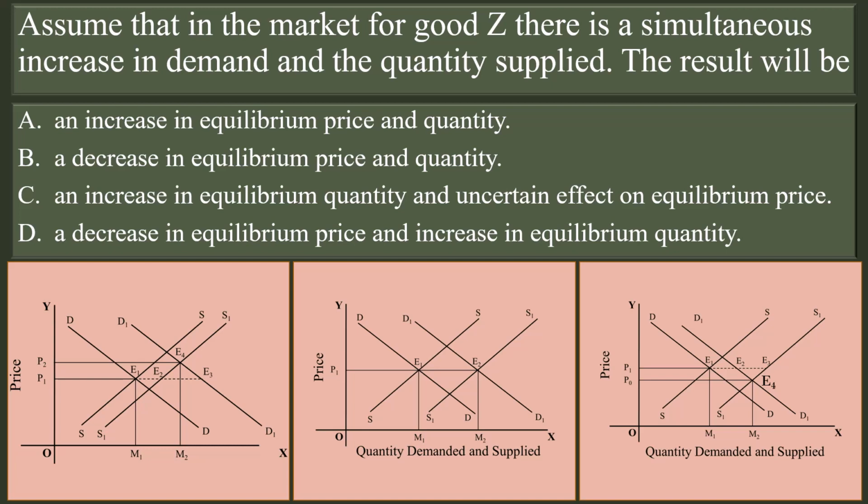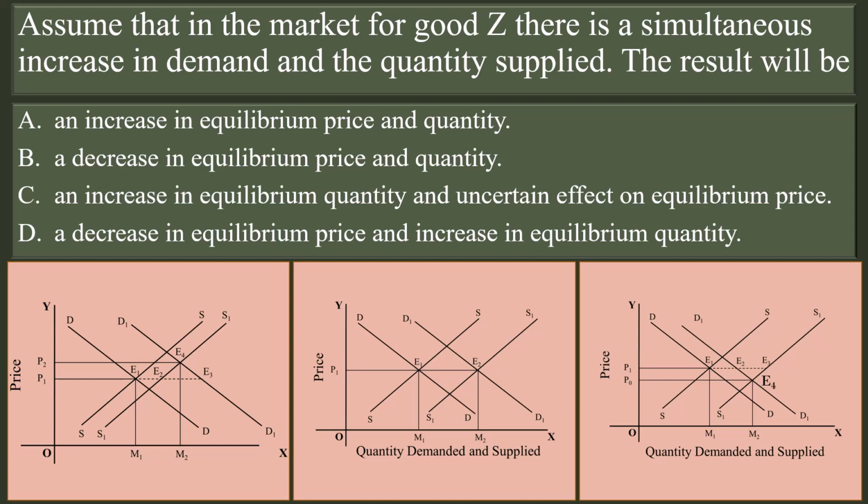The initial equilibrium E1, equilibrium price P1, quantity M1. After an increase in demand and supply, the equilibrium point is E4, new price P0. This is less than P1, there is a decrease in price. The new equilibrium quantity M2 is greater than M1.